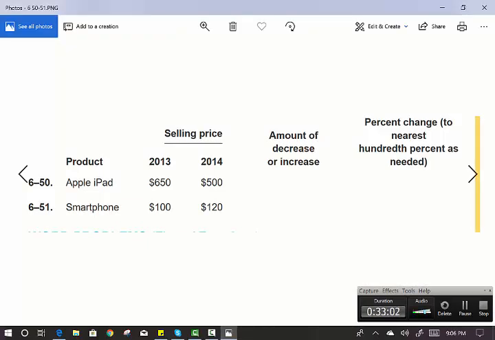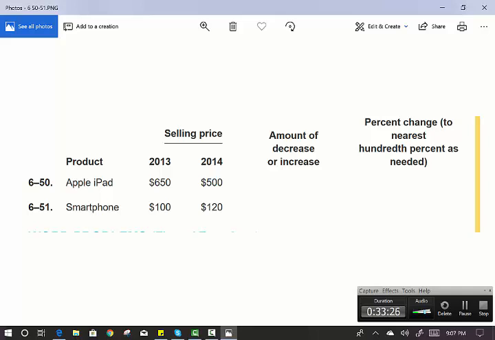Alrighty, let's see. We're going to be calculating for the amount of an increase or amount of decrease on these two problems right here, and then we'll be rounding to the nearest 100th percent as needed. And 2013 is the year that we're comparing this to, so remember the base is what you're comparing something to.